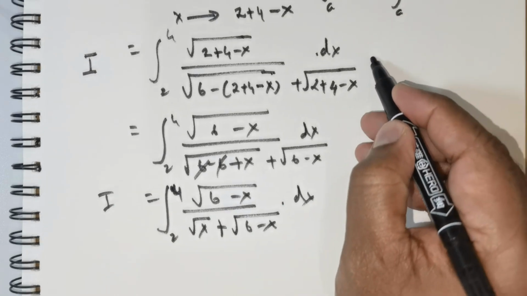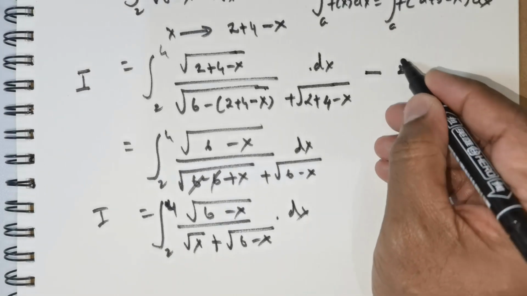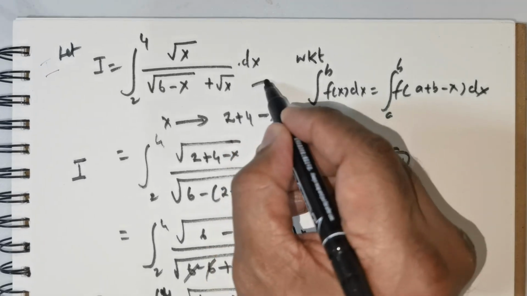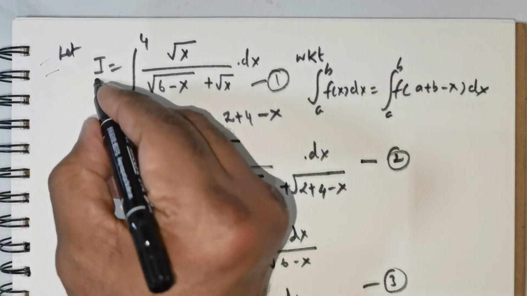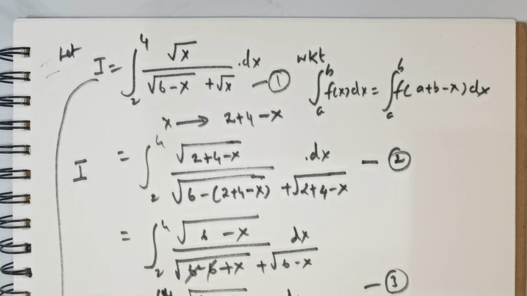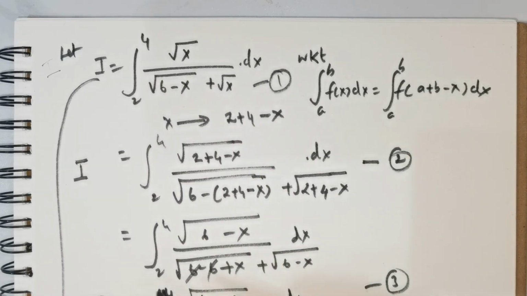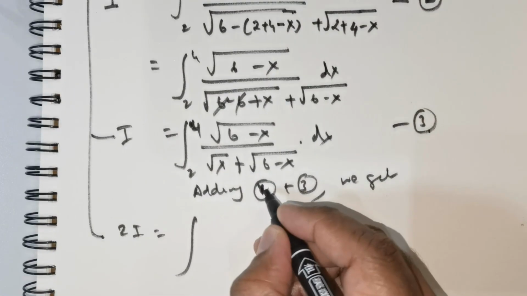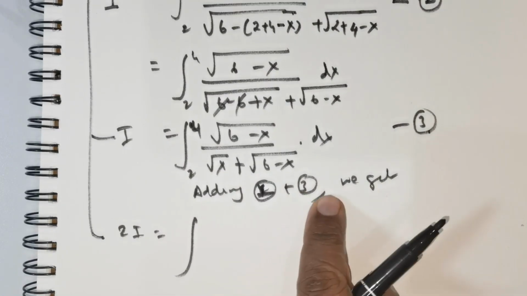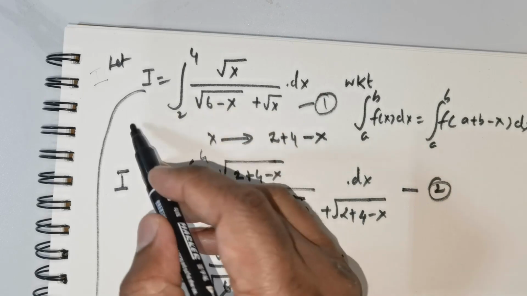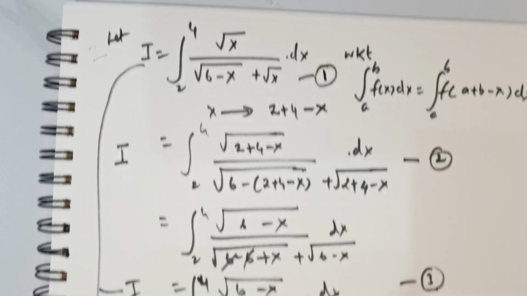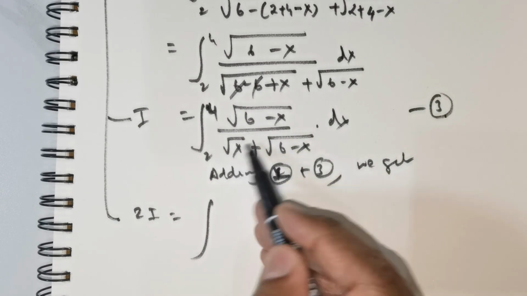Now what I wish to do, if I take this as equation 1 and this as equation 3, is add them. So I'm taking the initial given question, which is 1, and adding to it the outcome which you see here.